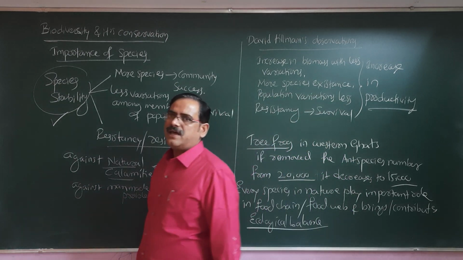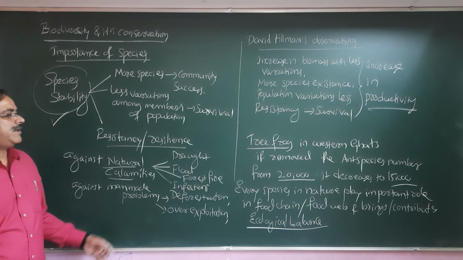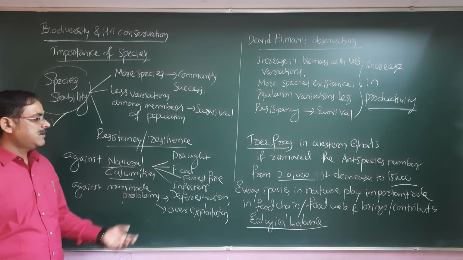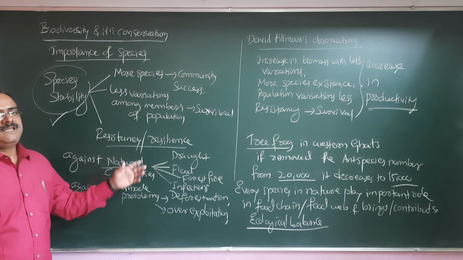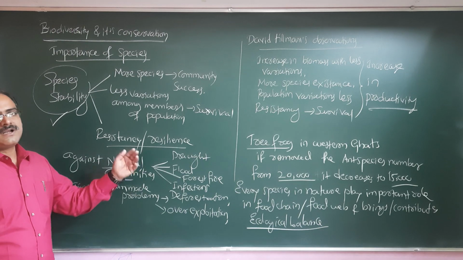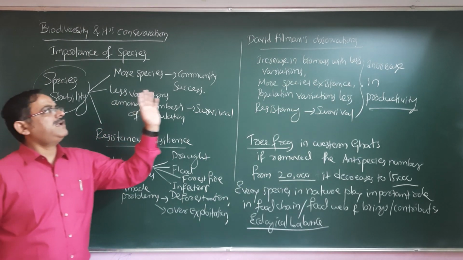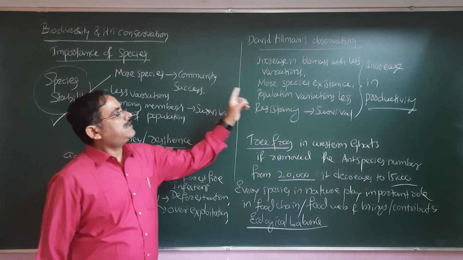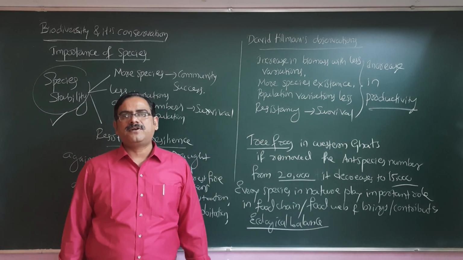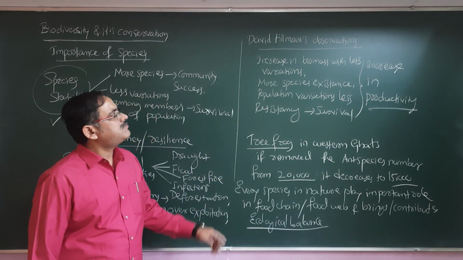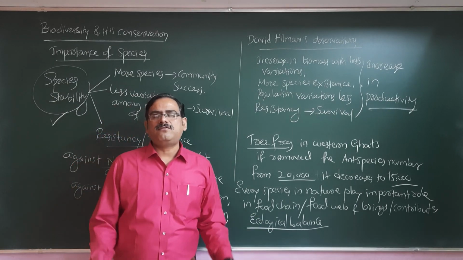Then there is resistance against man-made problems and also against natural problems. It may be a drought, a flood, a forest fire, or infections. The species that is able to overcome these will survive very well in nature. David Tilman's observation says that an increase in biomass, considering plots or a particular geographic region, with less variation gives more food.